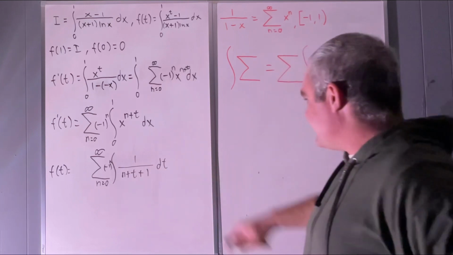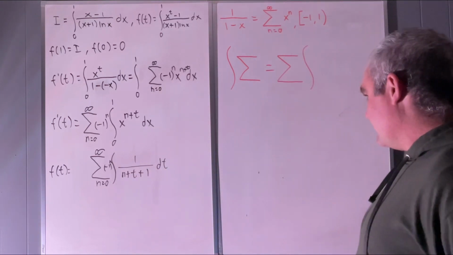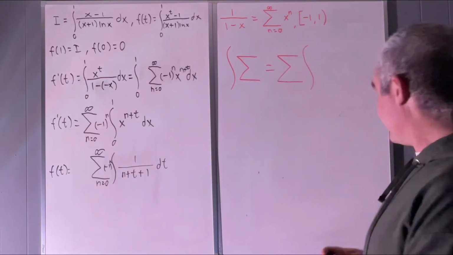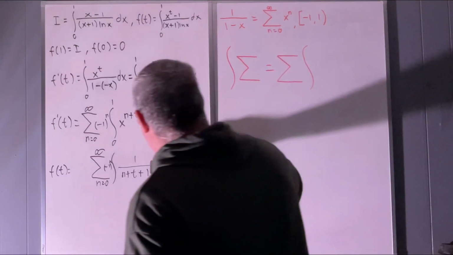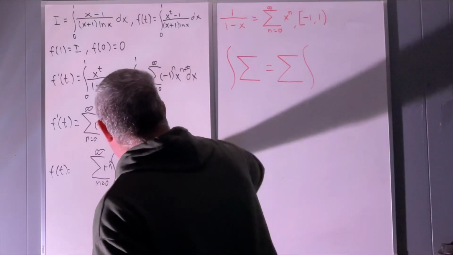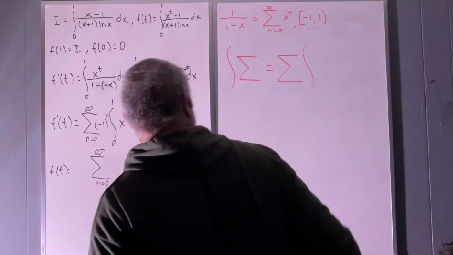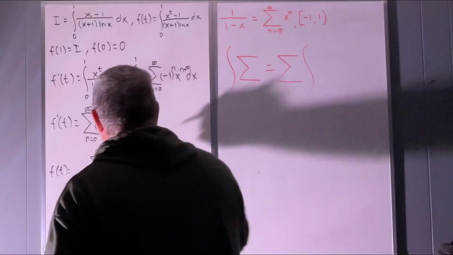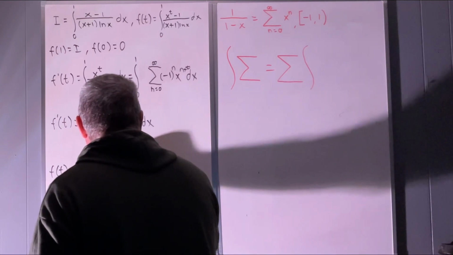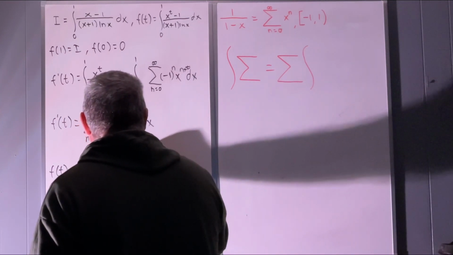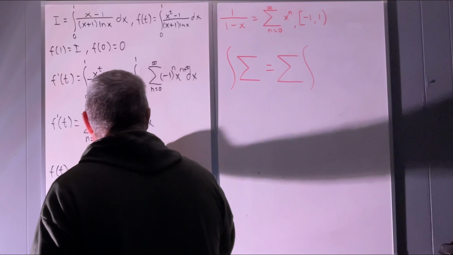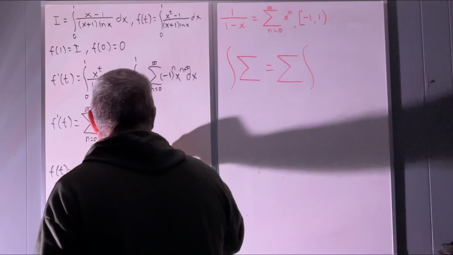This is the natural log of n plus t plus 1. So we'll rewrite that. So we're going to have negative 1 to the n times the natural log of n plus t plus 1.